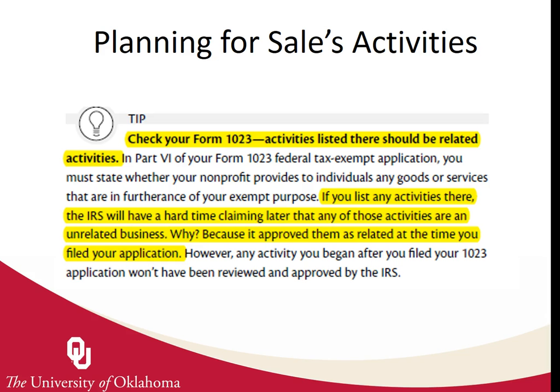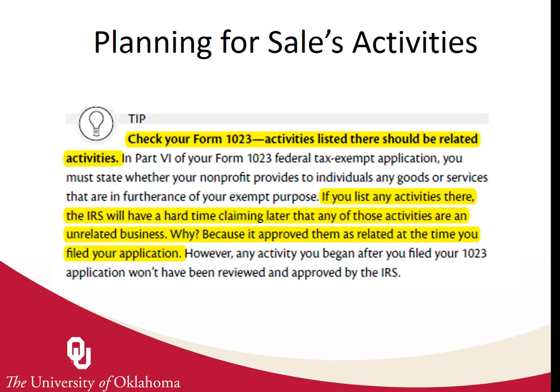So how can you plan for this activity and make sure that it does not become UBIT? Well, when you form your nonprofit, you fill out a Form 1023. And on that form, activities listed there should be related activities.